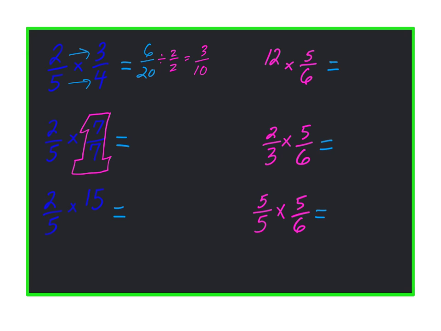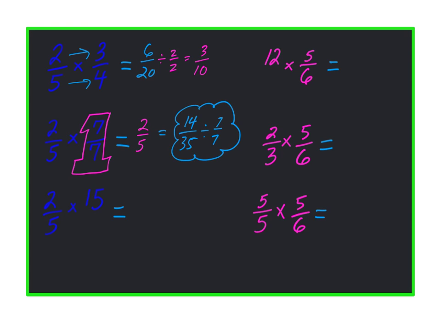Well, I know it's going to be 2/5, which, if I would have multiplied it out, I would have had 14 over 35, and then I would have had to divide by that same 7/7. So I was able to save myself all of this work by realizing that if you multiply a fraction by 1, it will stay the same.